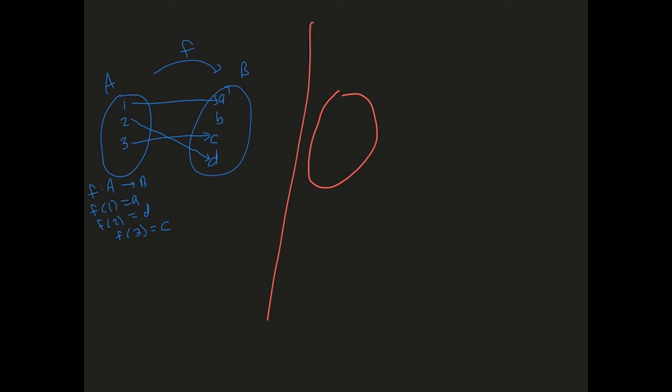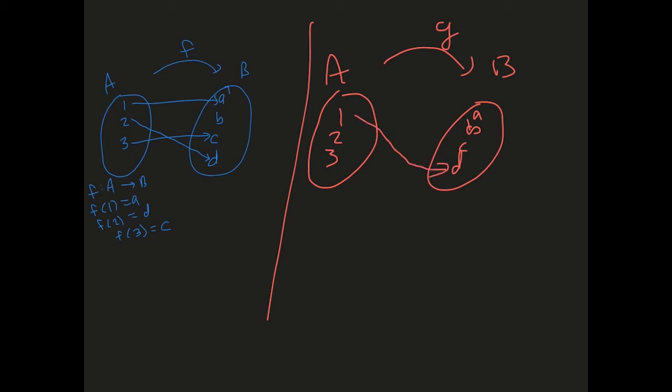So I will go ahead and call this A, 1, 2, 3, and I'll call this B, A, B, C, D, and a function. Now I'm going to call this function g, and I'm going to let 1 be sent to D. I'm going to send 2 to C, and I'm going to send 3 to D.